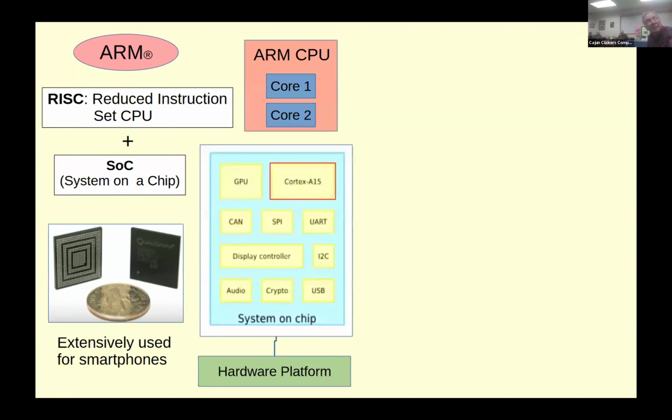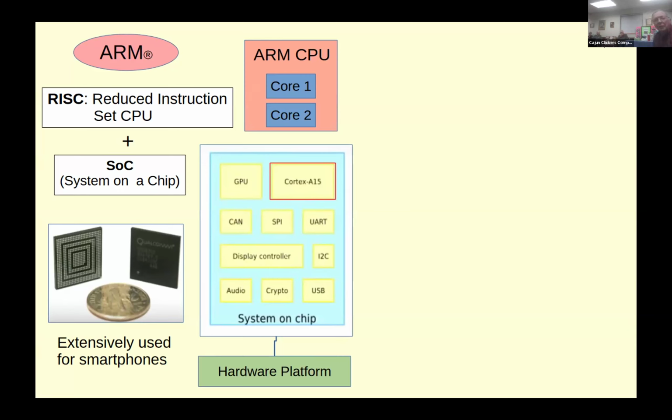Now, the actual CPU I've represented here, and it's got a couple of CPUs in it, a couple of cores. And here is what's on the chip right below it. Notice this little thing I've drawn in red, the Cortex A15, is the actual ARM chip.